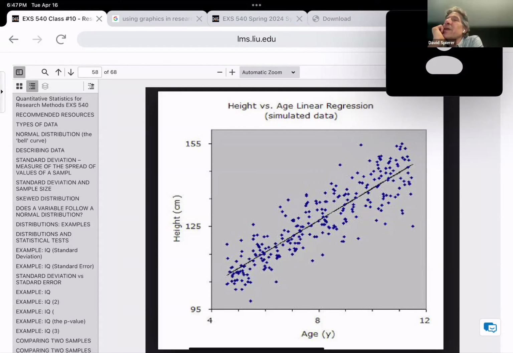They're both going up at the same time, right? As we get older, we get taller, at least in this sample. This is in centimeters. This is known as a positive correlation. Why? Because both variables are moving in the same direction. Age and height are moving in the same direction.